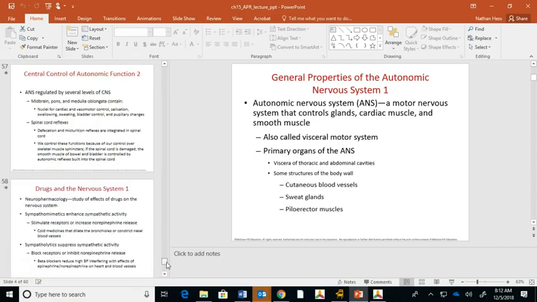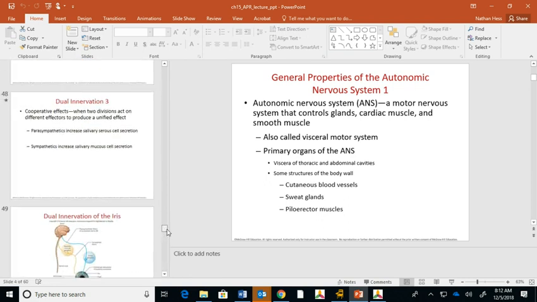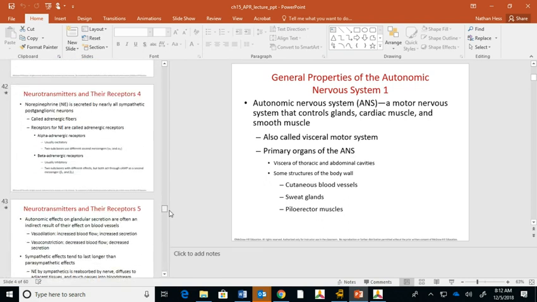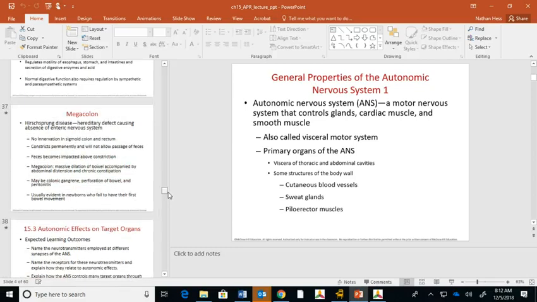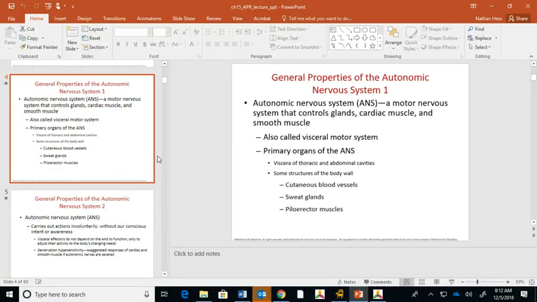And can you see that it's basically a balancing act? The whole entire autonomic nervous system is a balancing act. There is nothing on here that shows this, which is what I expected. This is 15.5, the table, on page 567.